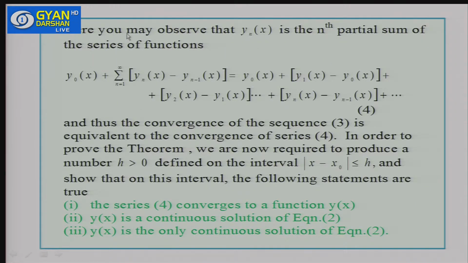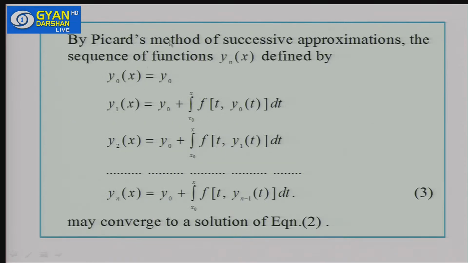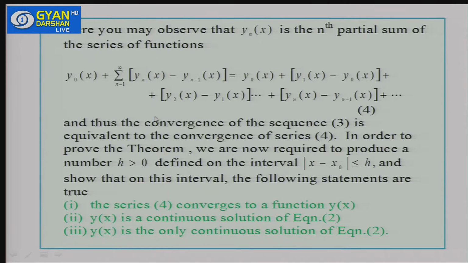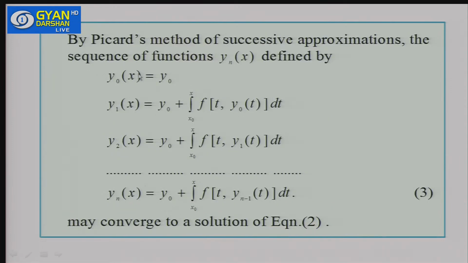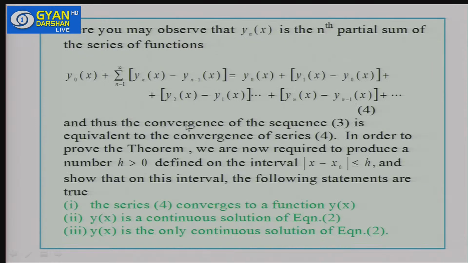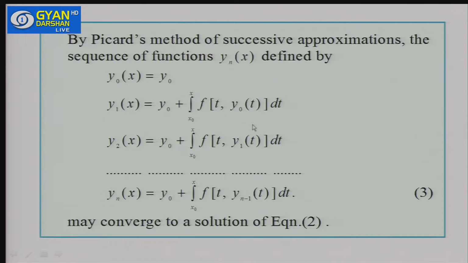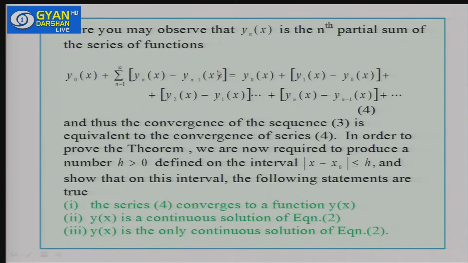Now here you may observe that yn is the nth partial sum of a series, as I was saying. Just using this sequence, we have constructed a series in such a way that this sequence becomes the sequence of partial sums of this series. What does it mean?